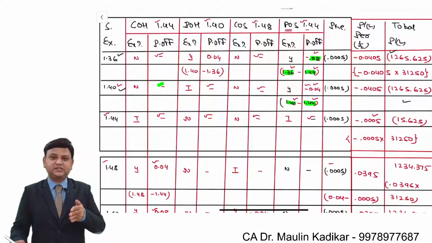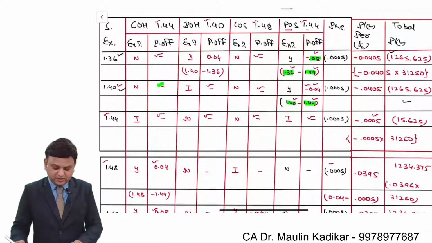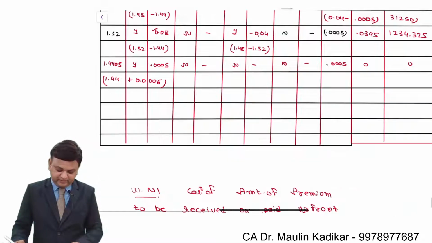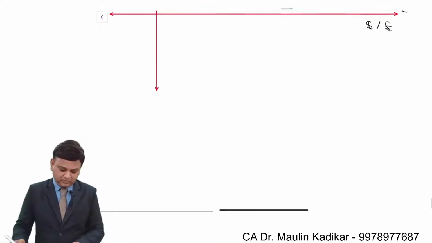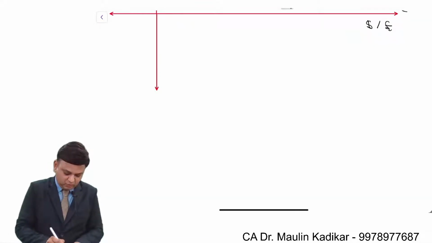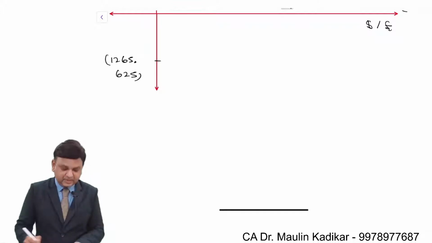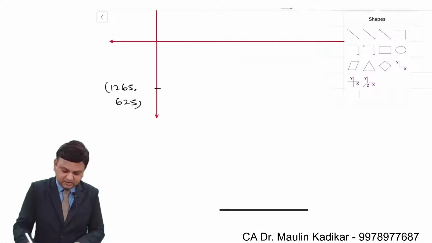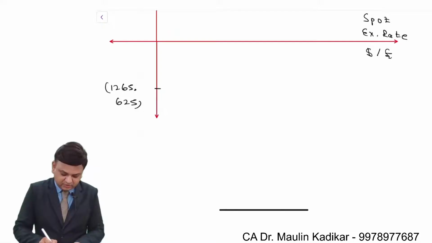For any spot exchange rate 1.4 or below than that is a constant amount of the loss. That is 1265.625. So over here 1265.625. This is the amount of the loss for any spot exchange rate lower than equal to 1.40.